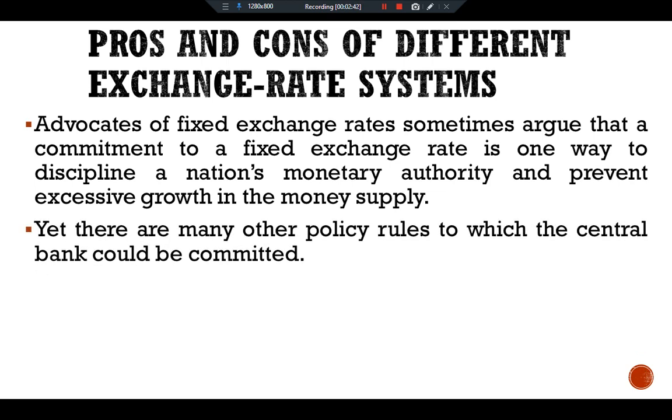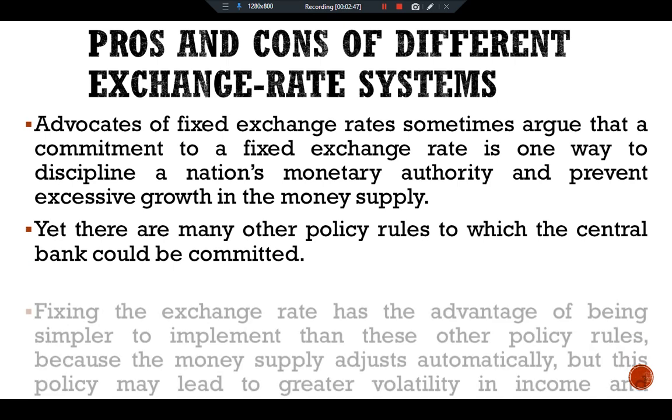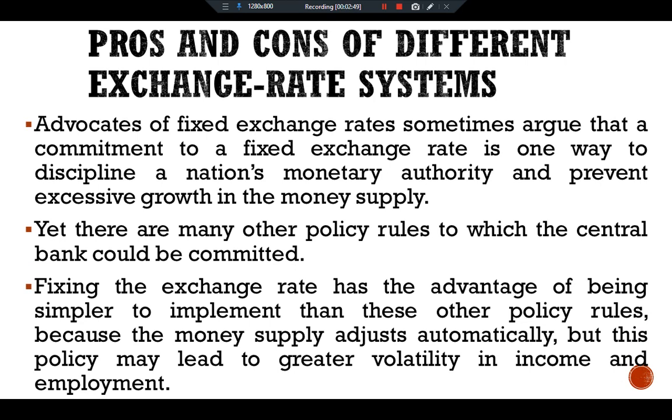Yet there are many other policy rules to which the central bank could be committed. Fixing the exchange rate has the advantage of being simpler to implement than these other policy rules because the money supply adjusts automatically, but this policy may lead to greater volatility in income and employment.